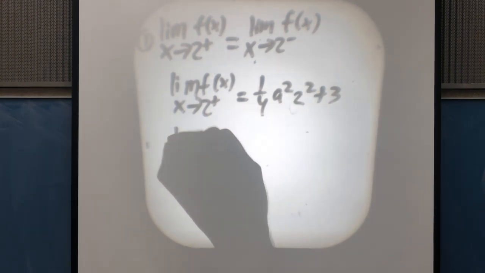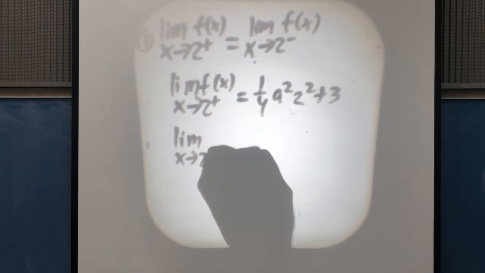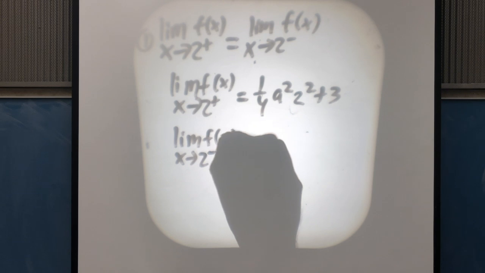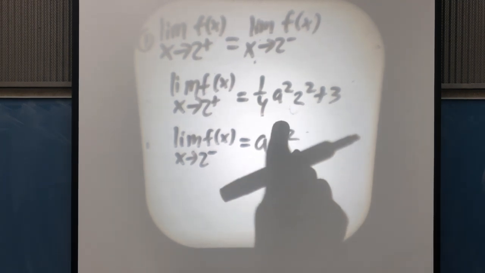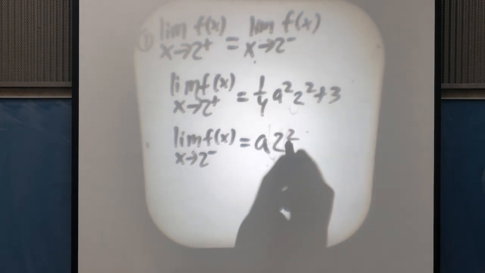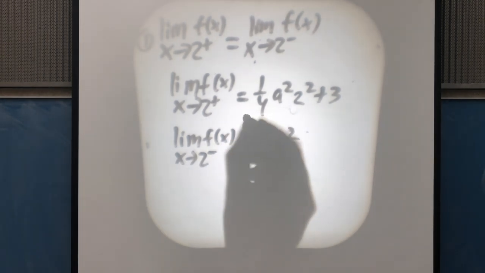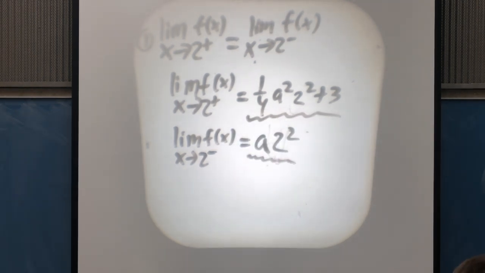And the limit as x approaches 2 from the left equals, looking back at the question, ax squared, and then again plug in 2 for x. So now I can solve for a by setting the right hand limit equal to the left hand limit.